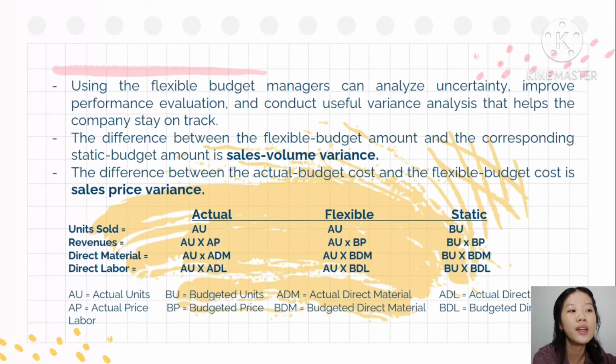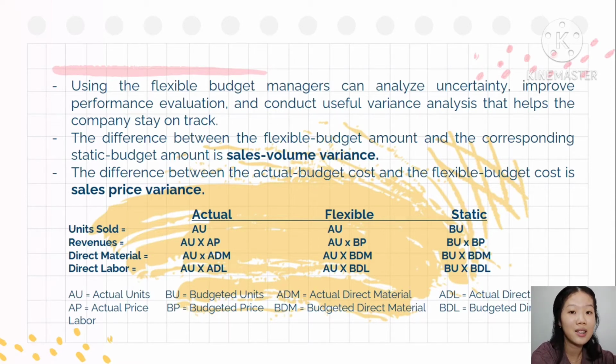So first of all, when we want to do the flexible budget with the variances, we have to know the actual units, the budgeted units, the actual direct materials, the actual direct labor, the actual price, and the budgeted price, the budgeted direct materials, and also the budgeted direct labor.